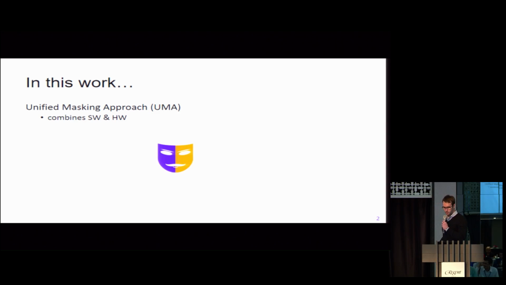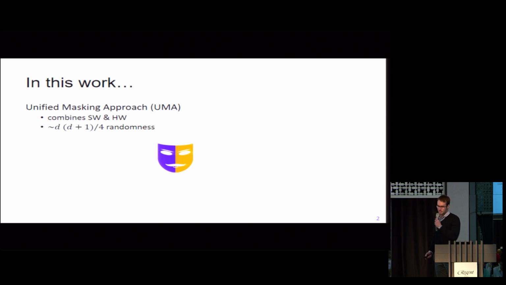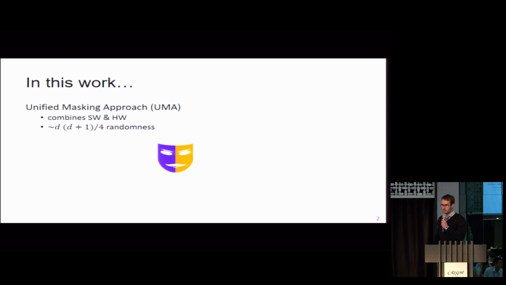In this work, we had a closer look at the most randomness-efficient hardware and software masking schemes and combined them into what we called the unified masking approach, or in short, UMA. So UMA has some very beneficial practical properties. For example, especially in hardware, it requires only half the randomness of the state of the art.